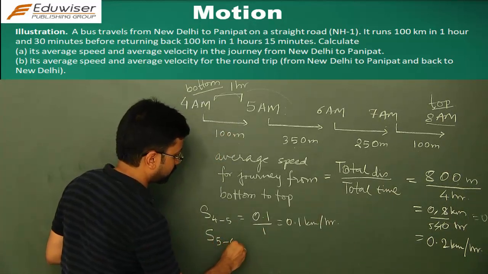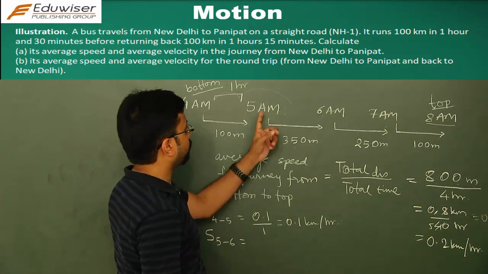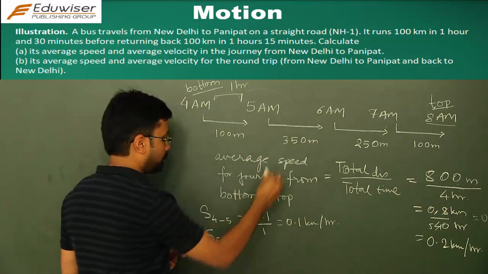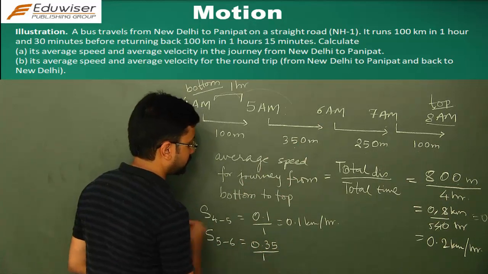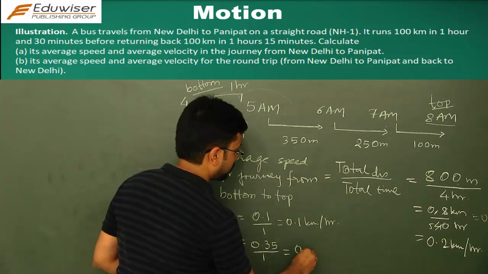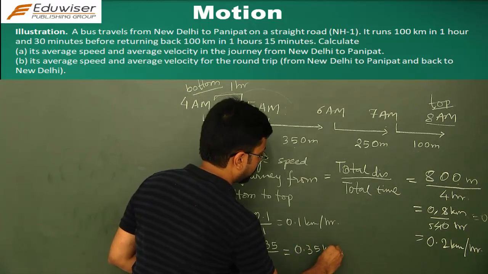Similarly, you can calculate this average speed for 5 to 6 am, which is 0.35 divided by 1 hour, that's 0.35 kilometers per hour.